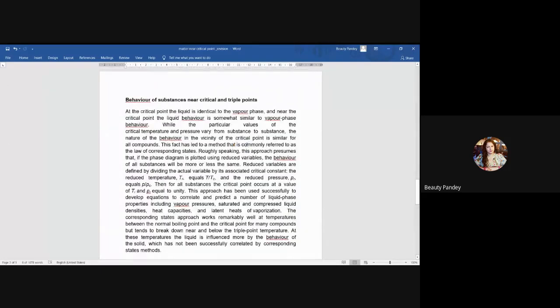Now, the definition of critical temperature is not here. Let's first understand this behavior, then we'll go to the next document. This is why the critical point and triple point are important. At the critical point, the liquid is very much identical to the vapor phase. That means the liquid and vapor phases are interchangeable.